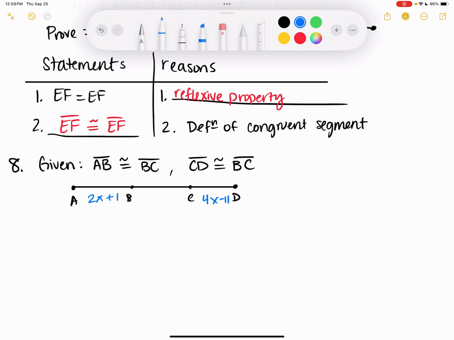All right, so they aren't telling us what we're trying to prove in the actual problem statement, but in the instructions they say to solve for the variable. So I know that ultimately my final step should be x equals something.